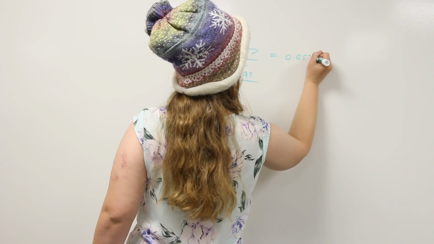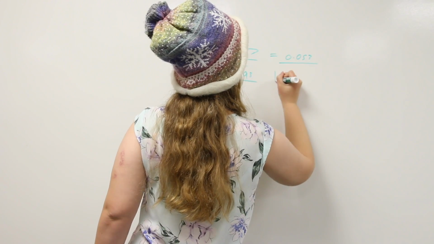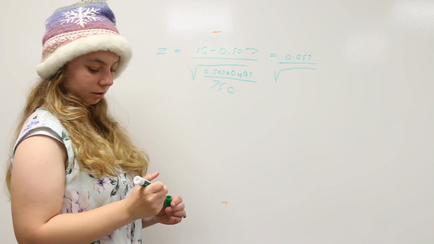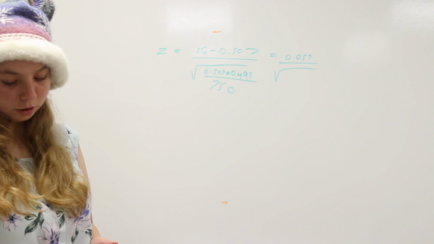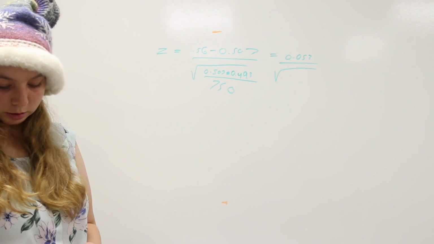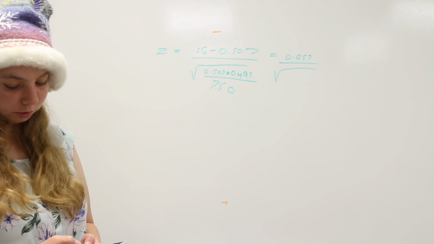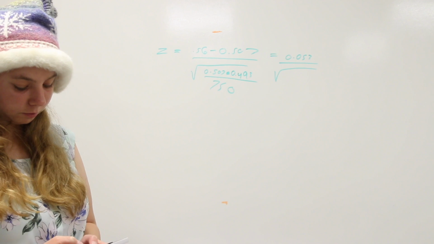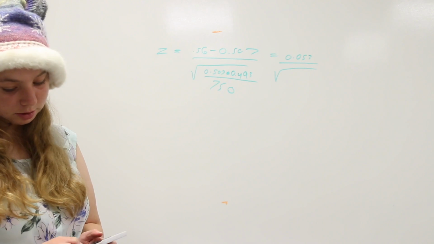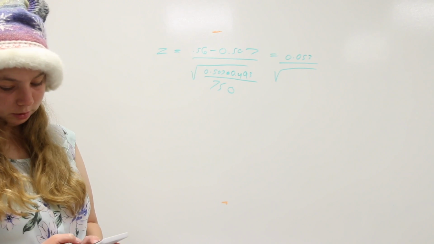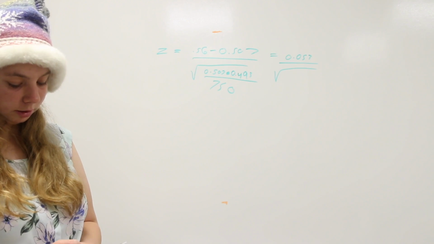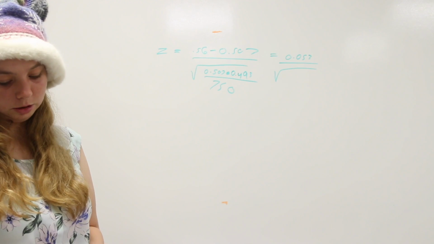So the top is 0.053, divided by the square root of, for our bottom, we do the top part of it first, so 0.507 times 0.493.